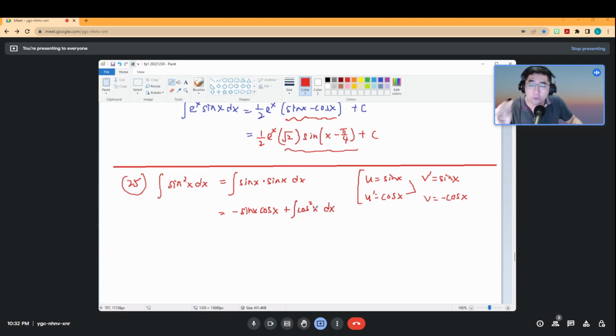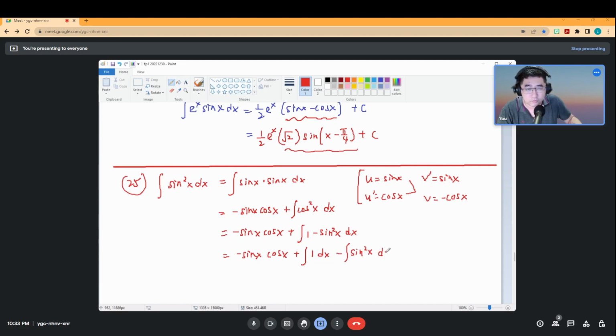So what happens next is that cos squared looks like we need to do another by parts, isn't it? We don't really need to. What we can do is change this cos squared x into the identity 1 minus sin squared. Separate them: negative sin x cos x plus the integral of 1 dx minus the integral of sin squared x.